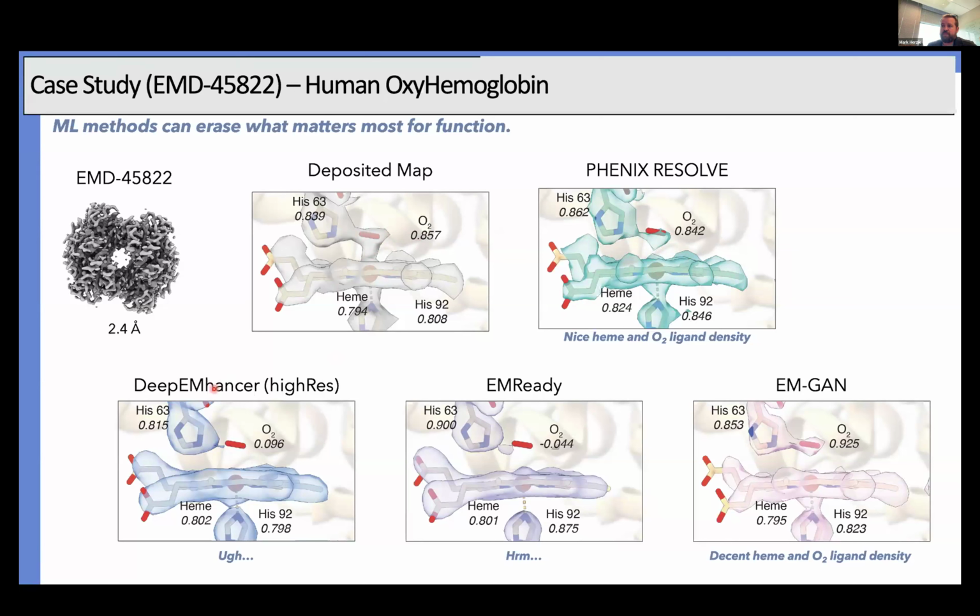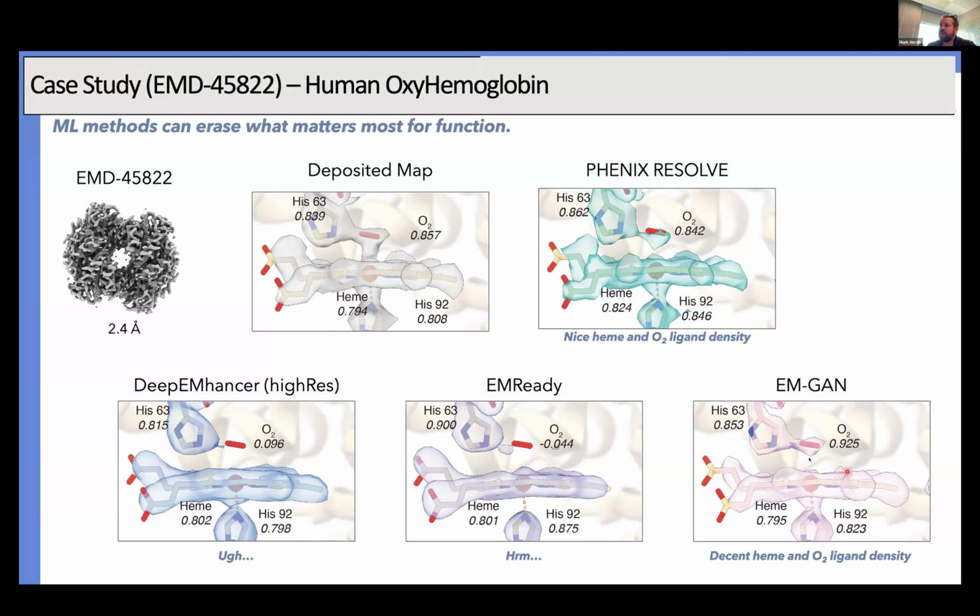Now, in DP Enhancer and EM Ready, the oxygen density is almost completely gone in both of these. And what's also intriguing is in EM Ready, the connecting proximal histidine to iron coordination density is more or less gone compared to the other 3 maps that we observed.